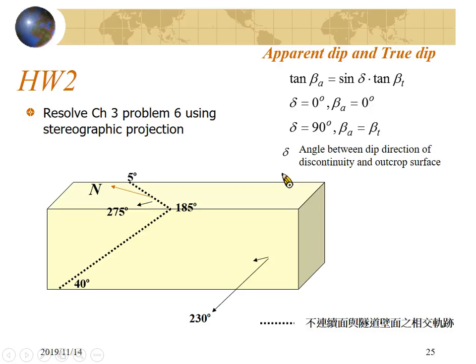Please do remember to print out the stereo net and prepare 4 transparent papers by yourself. I have some difficulties finding transparent paper. I have some, but not enough, so I cannot give all of you.